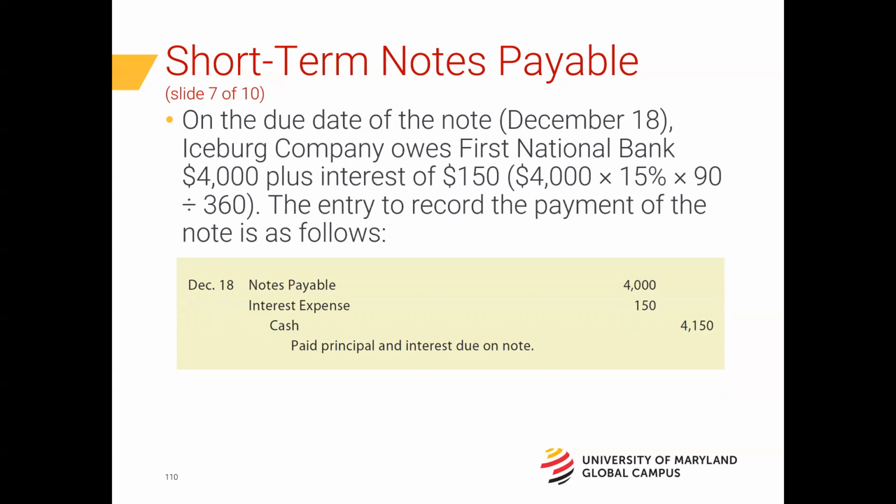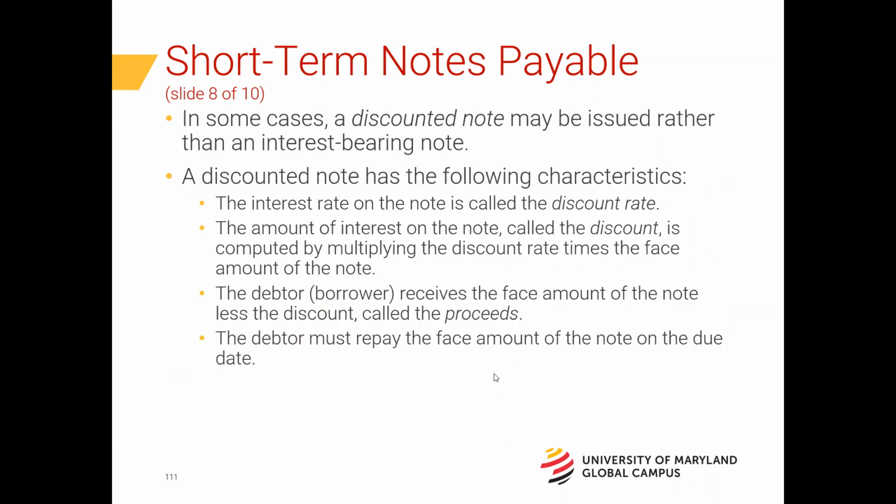Got to pay the bank. So debit notes payable, $4,000. Debit interest expense, $150. That's 15% over 90 days, my friends. And credit cash, $4,150. This represents the payment of that note within that 90 days.